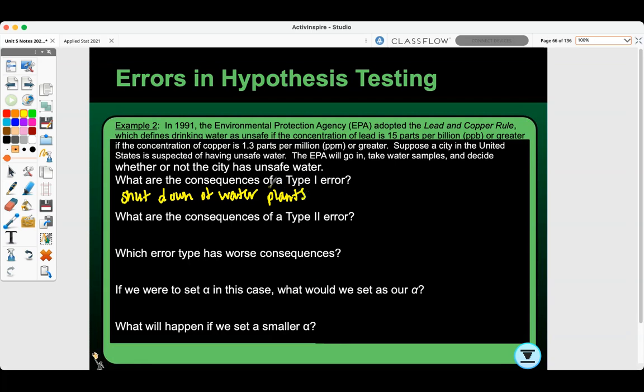What are the consequences of a type 2 error? One of the consequences could be health issues. Which error type has worse consequences? Here, a type 2 error would have worse consequences because lives could be in danger.